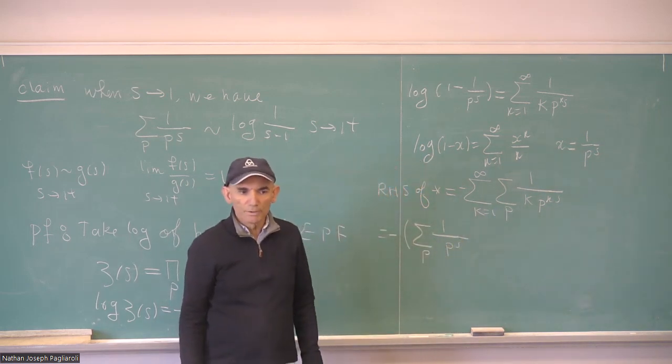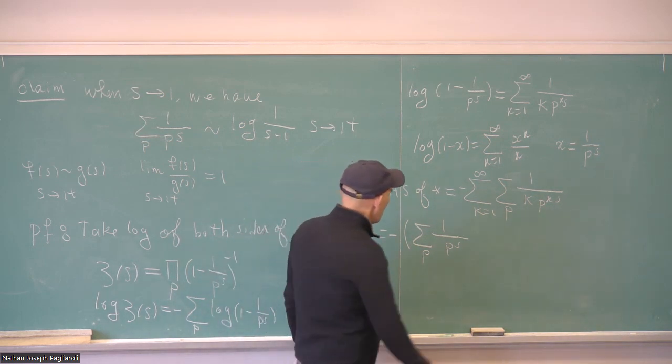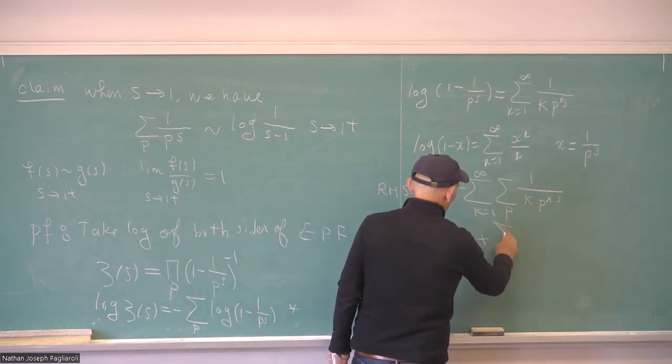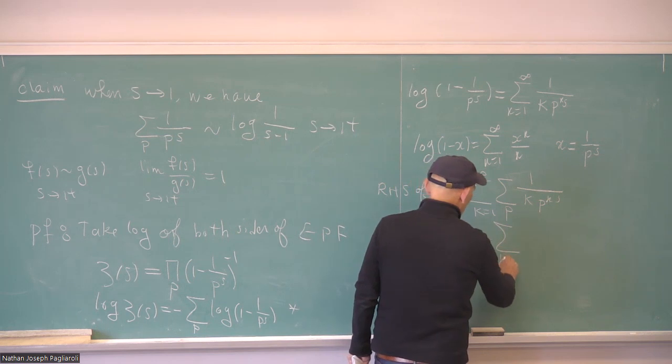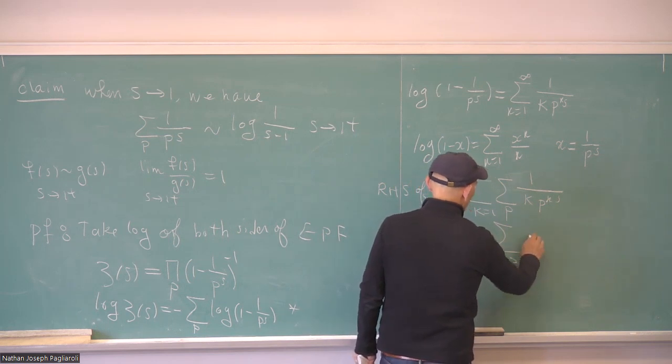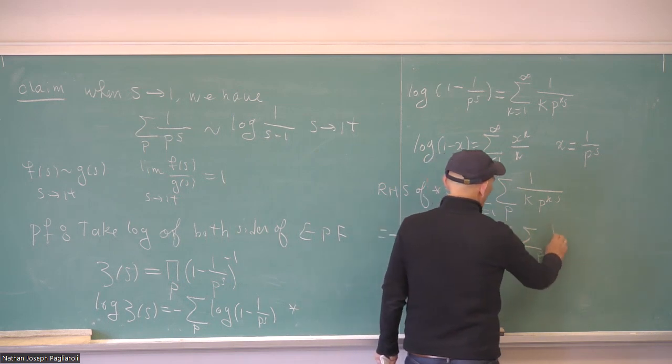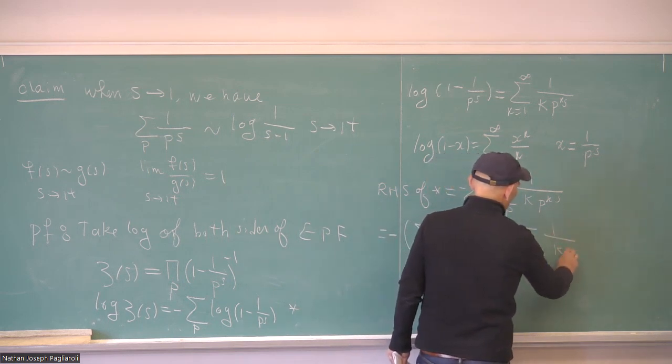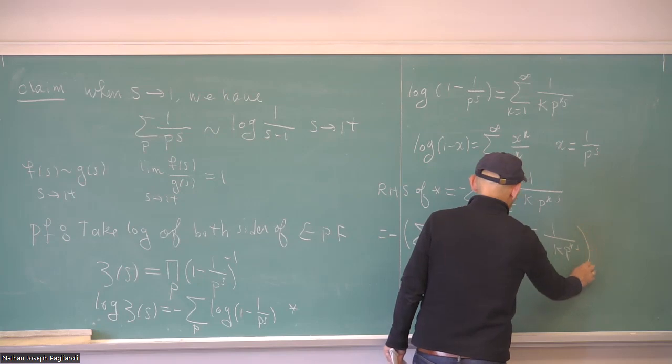That's the part I want. And then I just say plus the sum over k bigger than or equal to 2, and sum over p of 1 over k p to the ks.